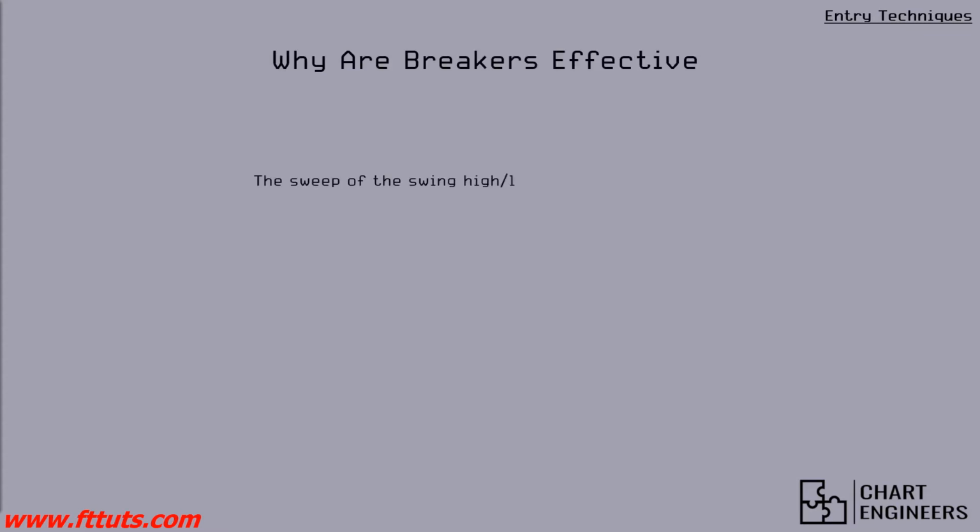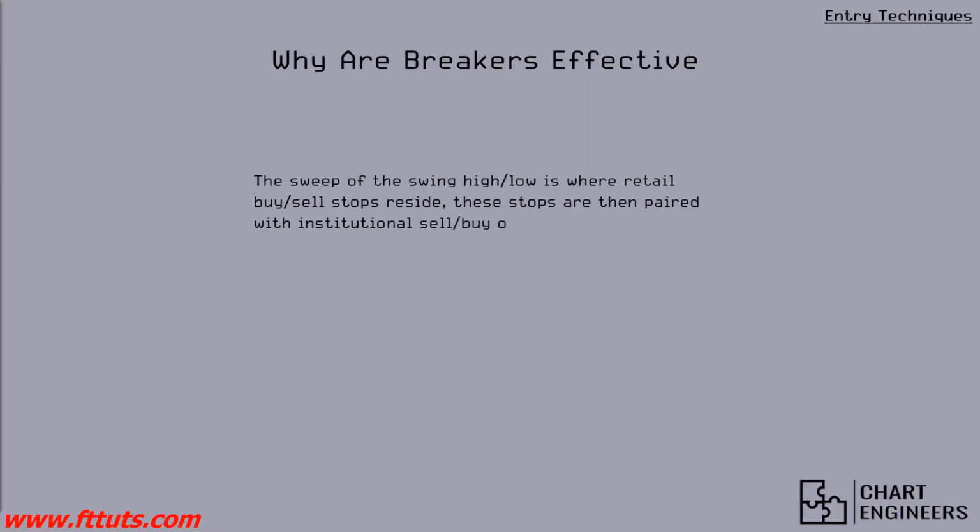So why are breakers effective? It's effective because this is how we see where the institutions are getting in the market essentially. So the sweep of the swing high is where retail buy stops will reside.